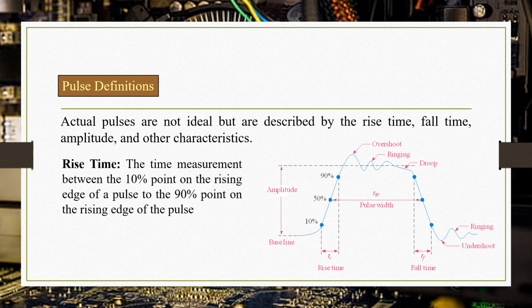Similarly, the time between the 90% point on the trailing edge of a pulse and the 10% point on the trailing edge is called the fall time. And the time between the 50% point on the rising edge and the 50% point on the falling edge is called the pulse width.